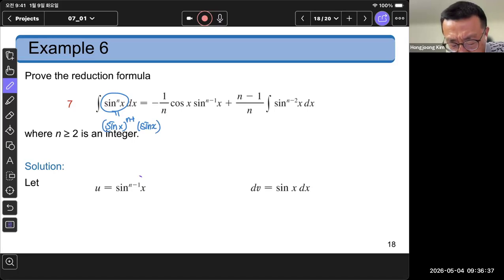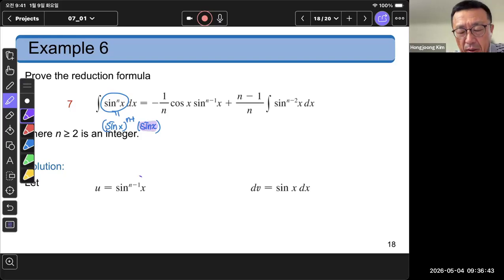And then let me consider this 1 sine x as my g prime.